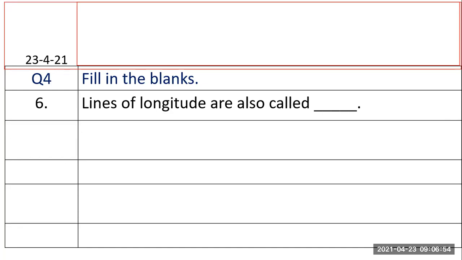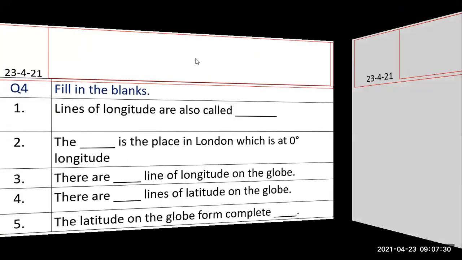So, here comes another question. Lines of longitude are also called as dash. Yes, Alina, Hamna, you want to say something? Okay, beta, don't disclose any answer. You can talk to me, but don't disclose any answer. Yes, speak up. In RT number 1, the same fill in the blank is there. Lines of longitude are also called, and the sixth one is also the same.